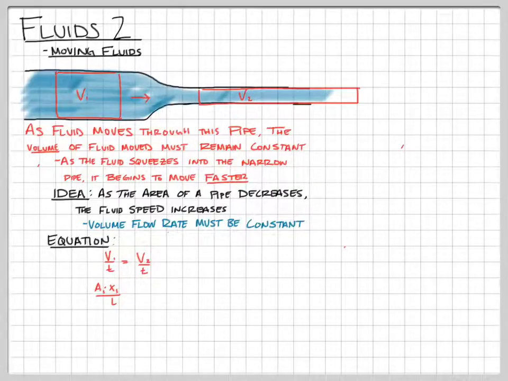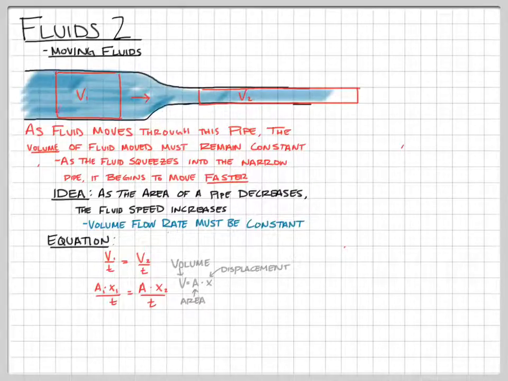That's how it works. So what we're going to do is take volume, and instead of it being volume, we're going to take it as area times a distance. Area 1 times x1, area 2 times x2, because volume is the same thing as area times distance. We're just going to make a simple substitution in there. So our equation still says volume over time. We've just written volume in a different way.